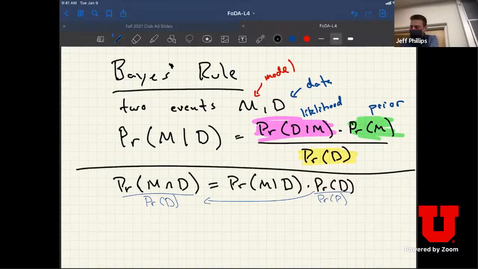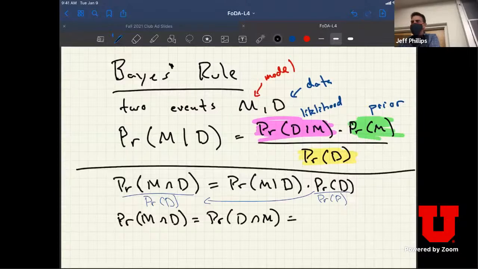We also have that the probability of the model and the data is equal to the probability of the data and the model both being true; there's a symmetric operation.